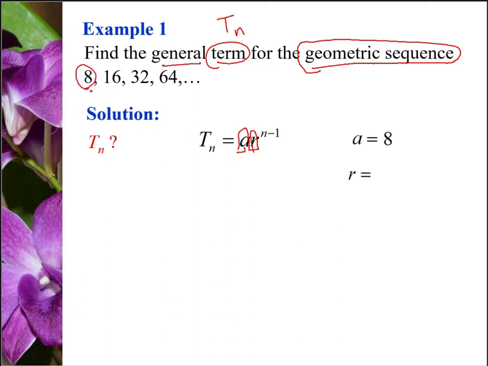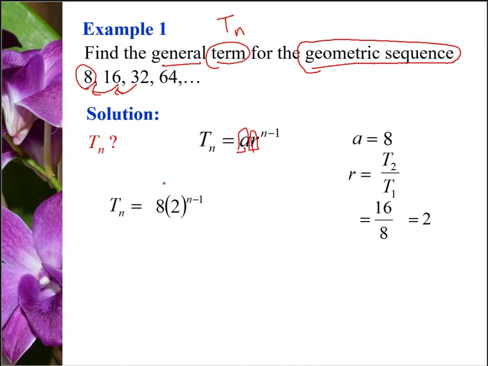To find R, remember from the formula it's just the second term divided by the first term, or the third term divided by the second term, and so on. So let's say we chose the second term divided by the first term, you get 16 over 8, and the answer is 2. So to find your general term, just substitute your values of A and R into the formula.